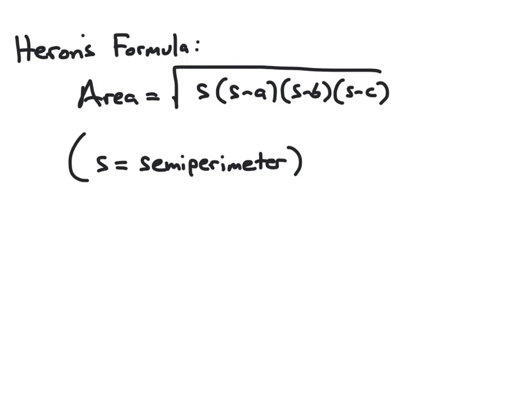This formula comes from the sine formula that we've seen previously and the law of cosines, and has an algebraic derivation that would take quite a while to do, but it does follow from those two particular formulas.